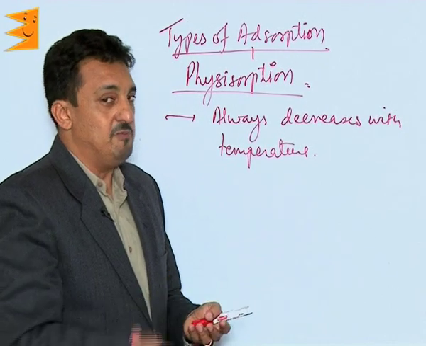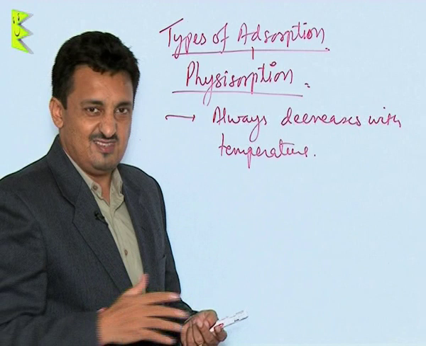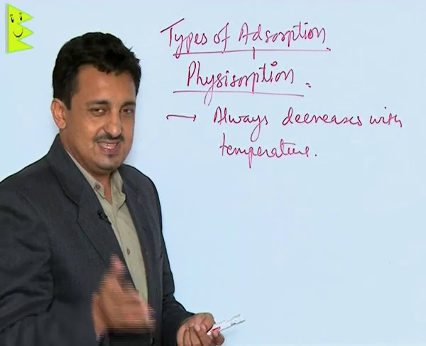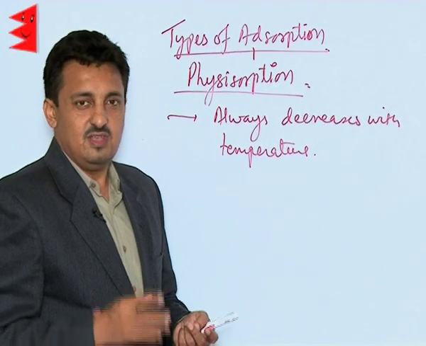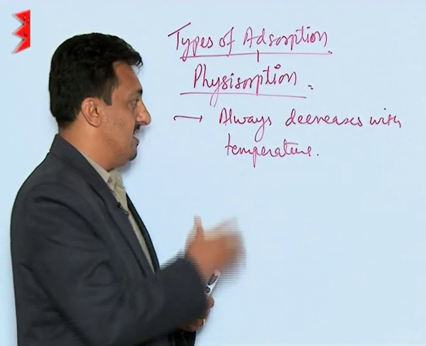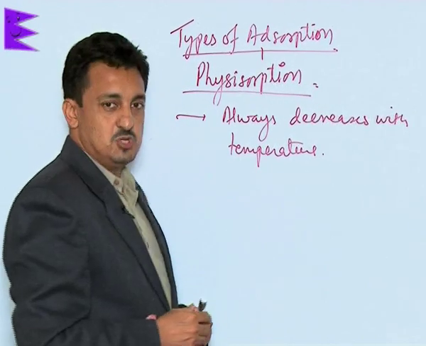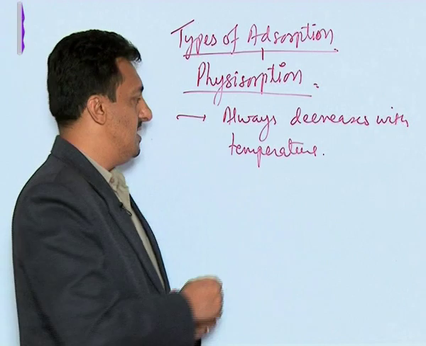And if it goes beyond that, what we notice is desorption takes place. The gases start escaping out, leaving the surface. They just bounce back. So that's why this type of adsorption decreases with temperature.